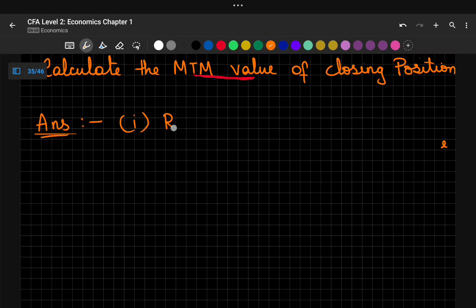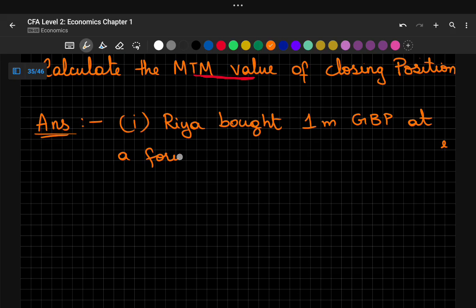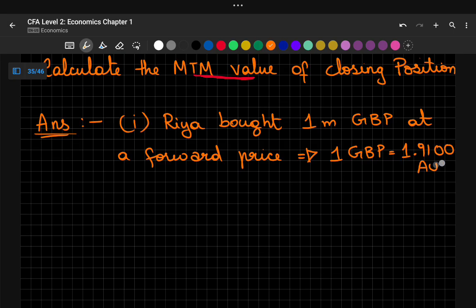The first thing mentioned is that Ria bought 1 million GBP at a forward price where 1 GBP equals 1.9100 AUD.